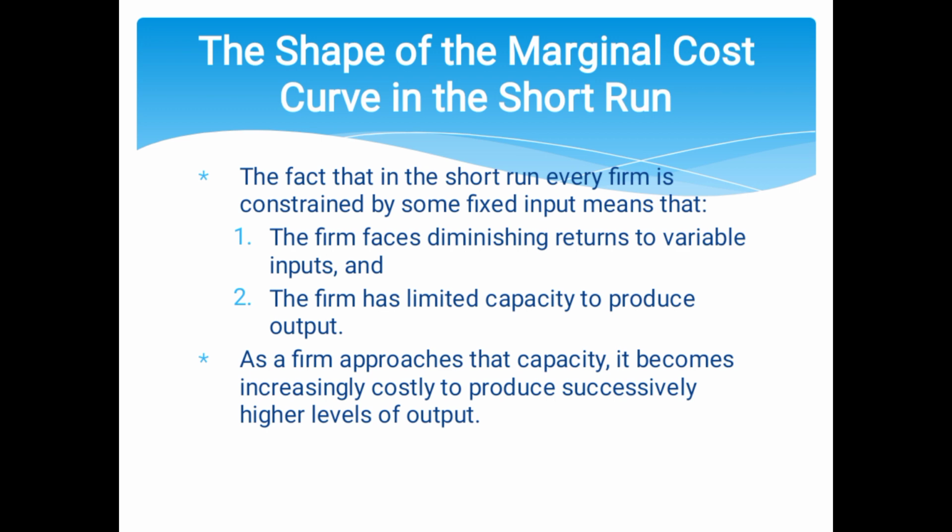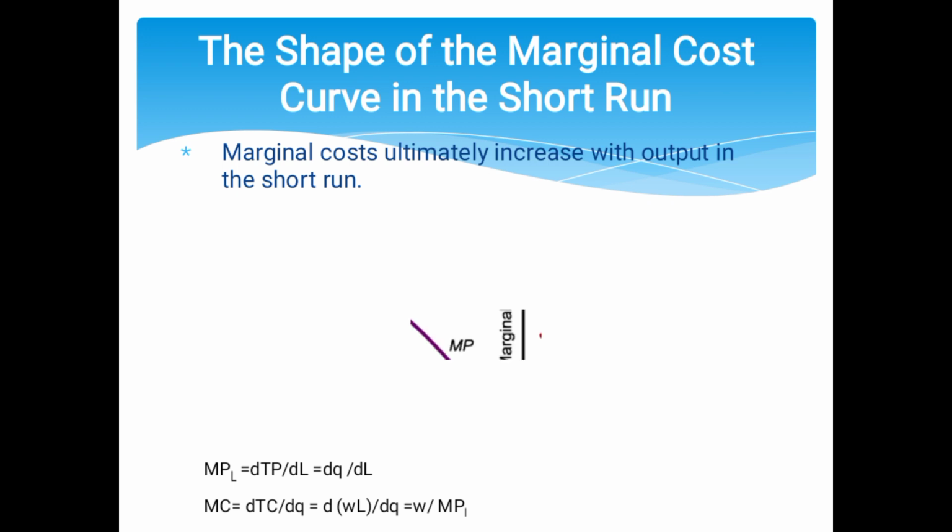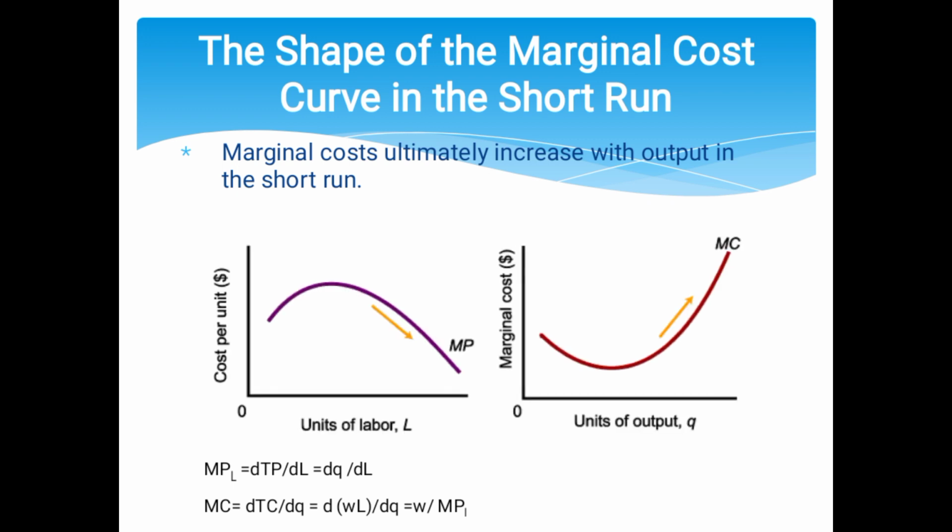The fact that in the short run every firm is constrained by some fixed input means that the firm faces diminishing returns to variable inputs and the firm has limited capacity to produce output. As a firm approaches that capacity, it becomes increasingly costly to produce successively higher levels of output. So, marginal cost ultimately increases with output in the short run.